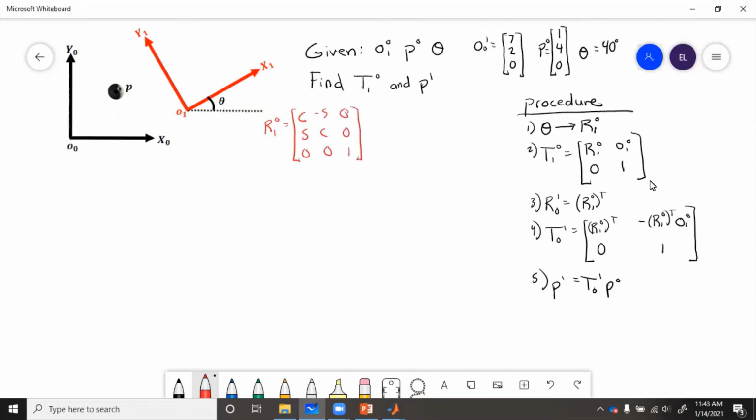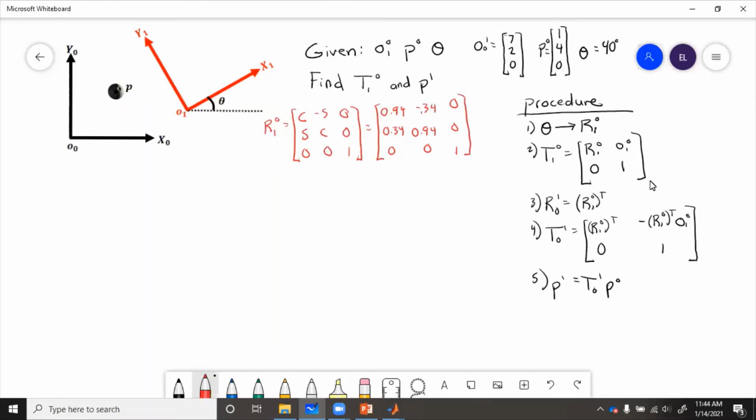We put 40 degrees in for all of those. And then we get the same rotation matrix as before, 0.94, 0.34, 0, negative 0.34, 0.94, 0, 0, 0, 1.